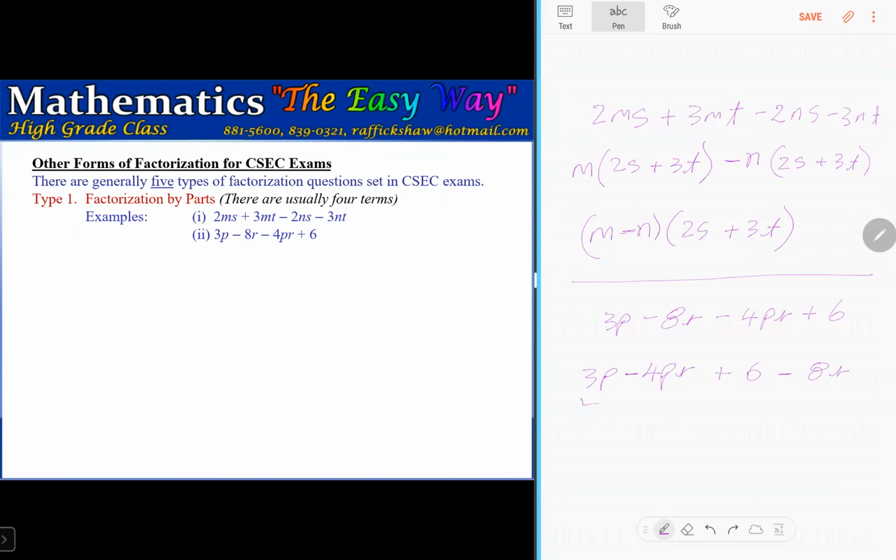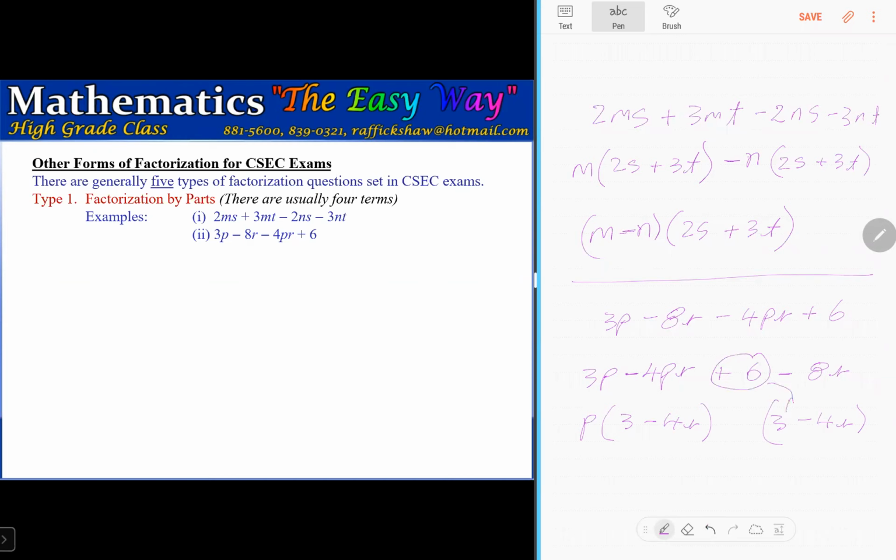The highest common factor in these 2 terms is just p. So you factor out the p first, and you get 3 minus 4r. What did we say? You must have 3 minus 4r in the bracket here as well. Whatever is in this bracket must be in that bracket. Then look at the positive 6.